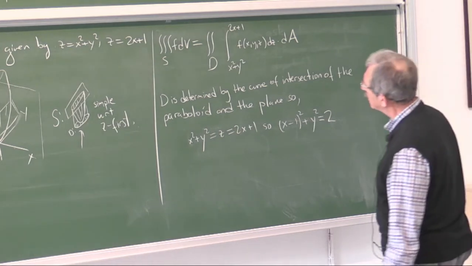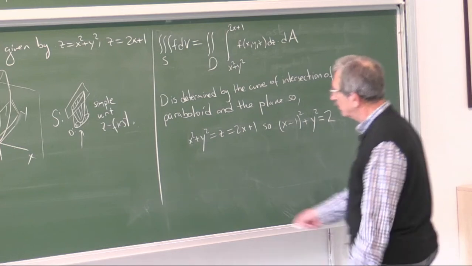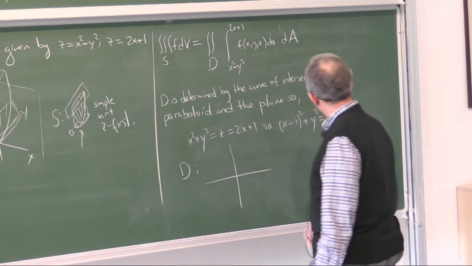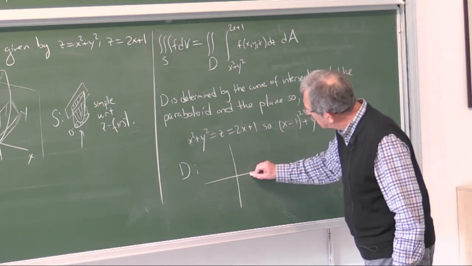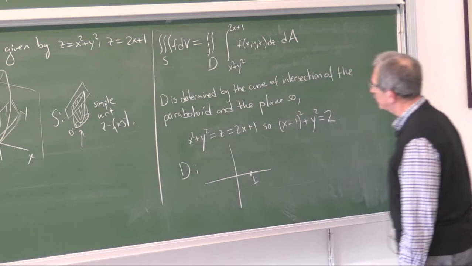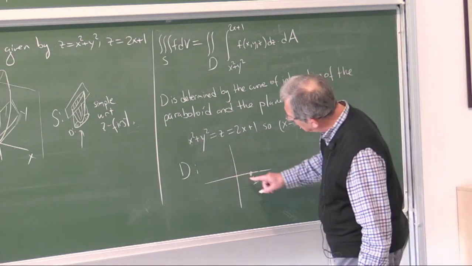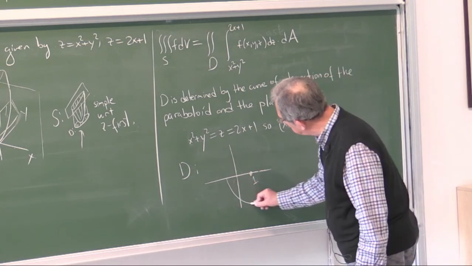So then our D happens to be a circle whose center is at (1, 0), and whose radius is square root of 2. Well, square root of 2 is bigger than 1, so it's something like this.